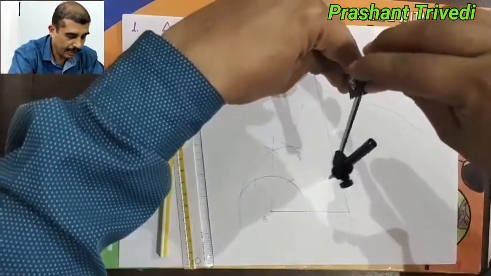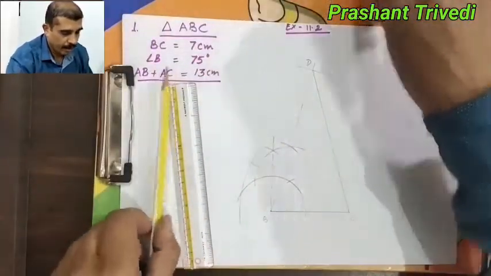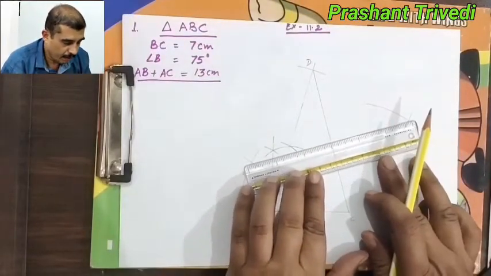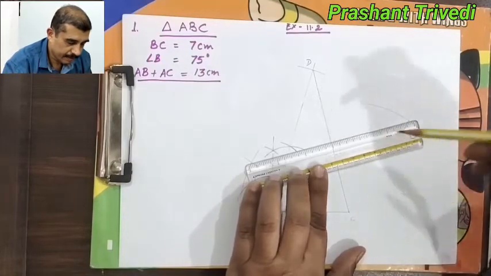This point as well as this point. Joining these 2 points will form the perpendicular bisector.